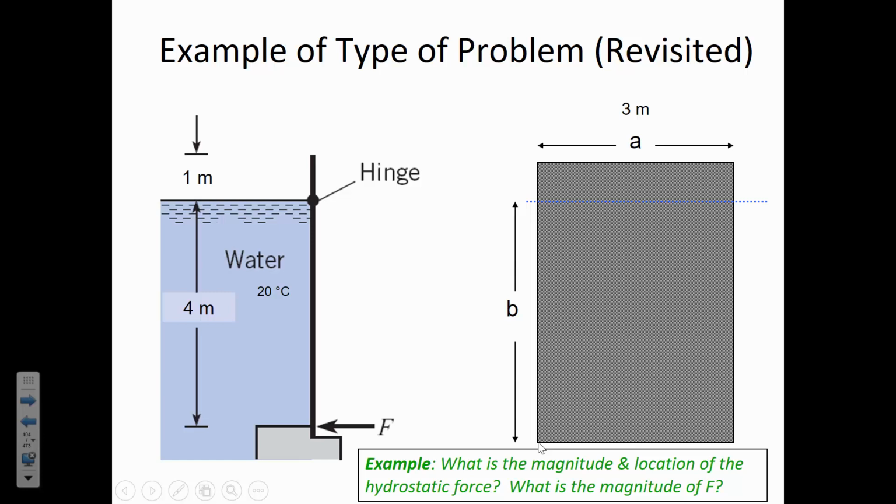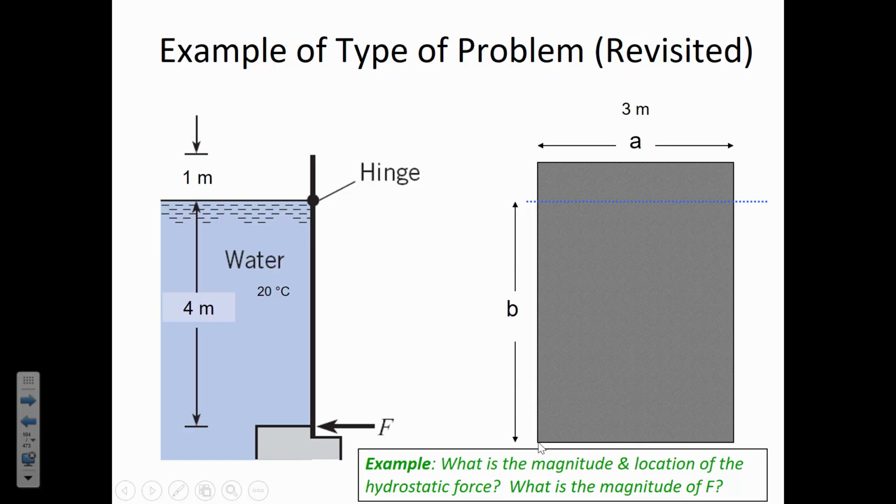Okay, step 2, we want to know the pressure at the centroid. The formula we use for calculating pressures is just the hydrostatic equation. So delta P is delta H times gamma. The pressure at the centroid, sometimes we call that P bar.